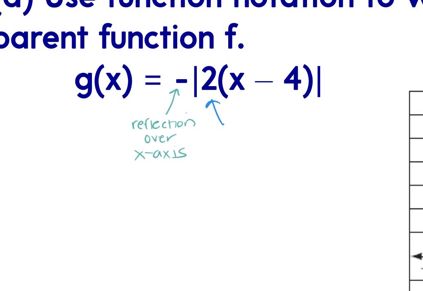The 2 inside: horizontal compression, by a factor of a half. And the minus 4 inside the parentheses: right 4.